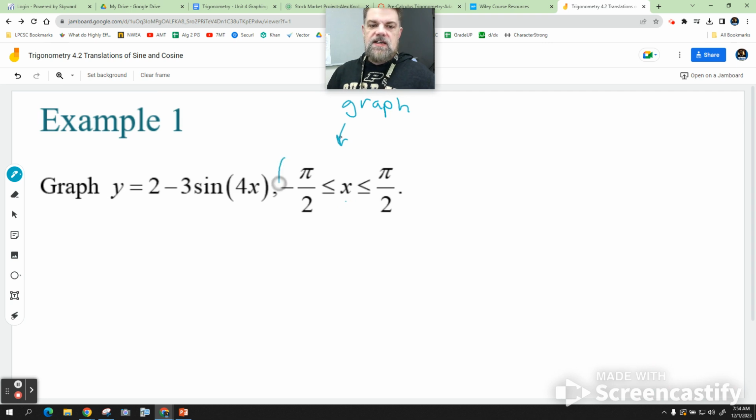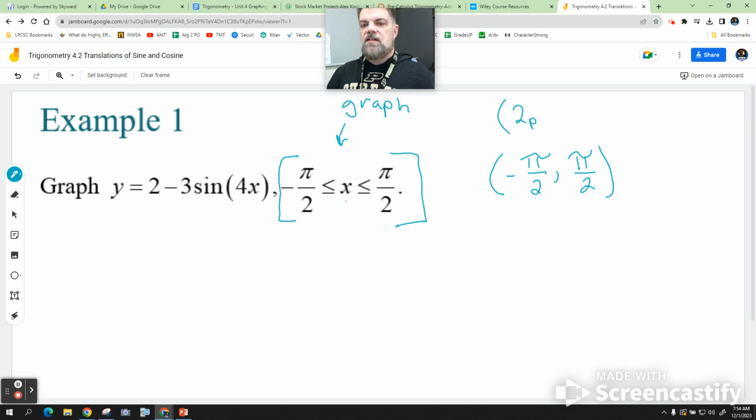So when they define it like this, or sometimes you'll see it written like this, this is called interval notation. And like your homework problem, they said negative 2 pi to 2 pi.